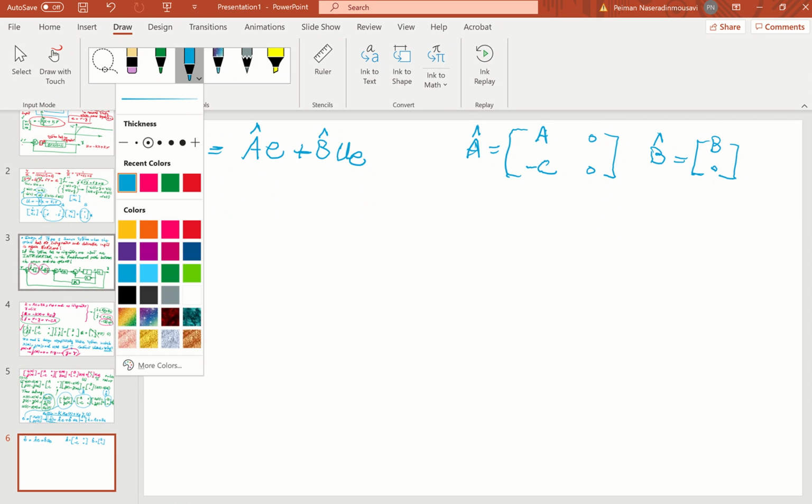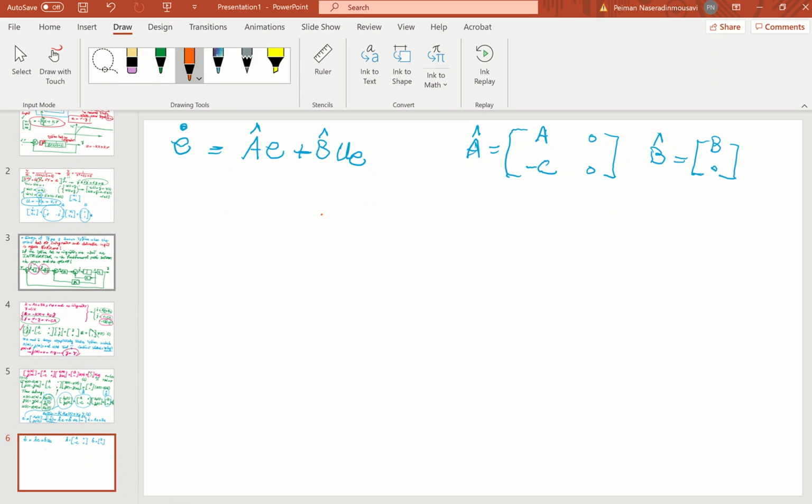Now you are a control engineer, as I taught you, so I'm going to select the control input of the system as minus K hat e. Implementing it here, you get e dot is equal to A hat e minus B hat K hat e, which is A hat minus B hat K hat times e.